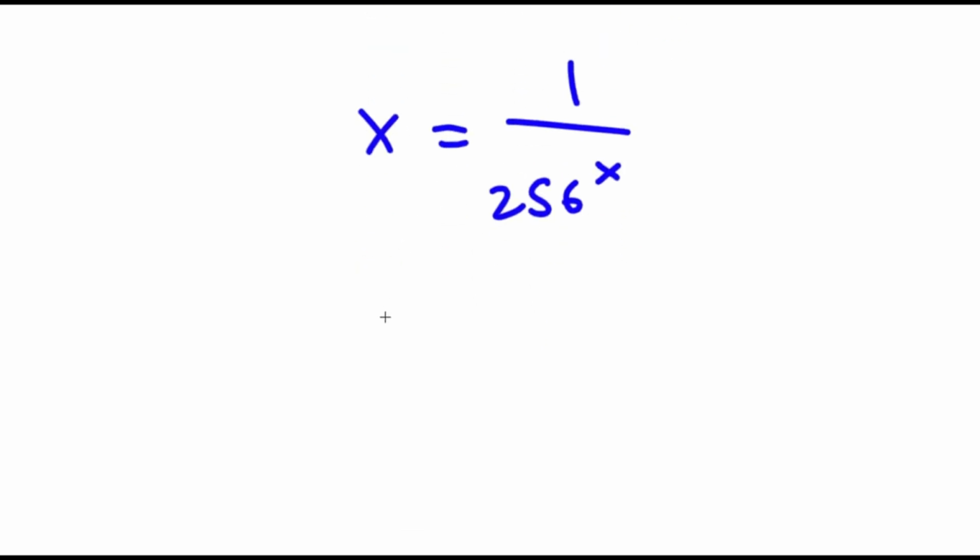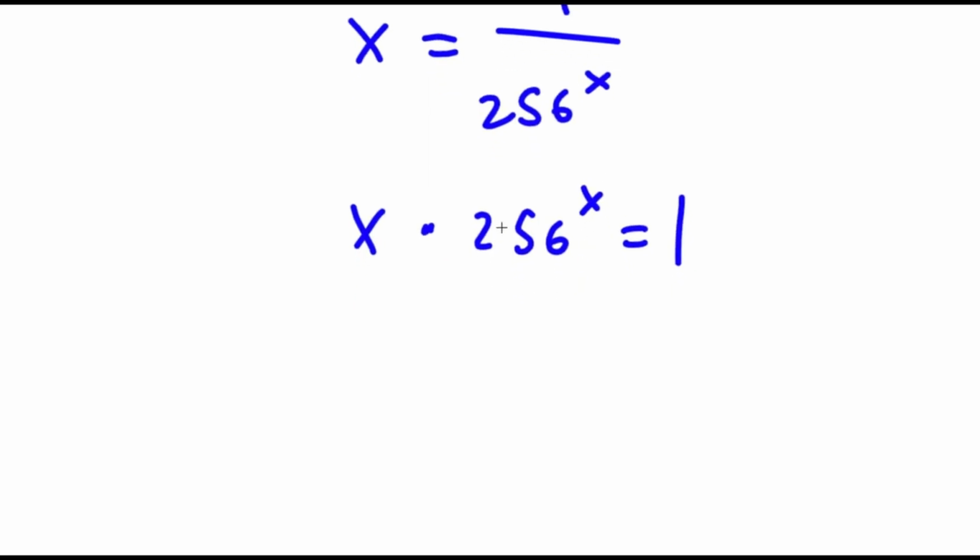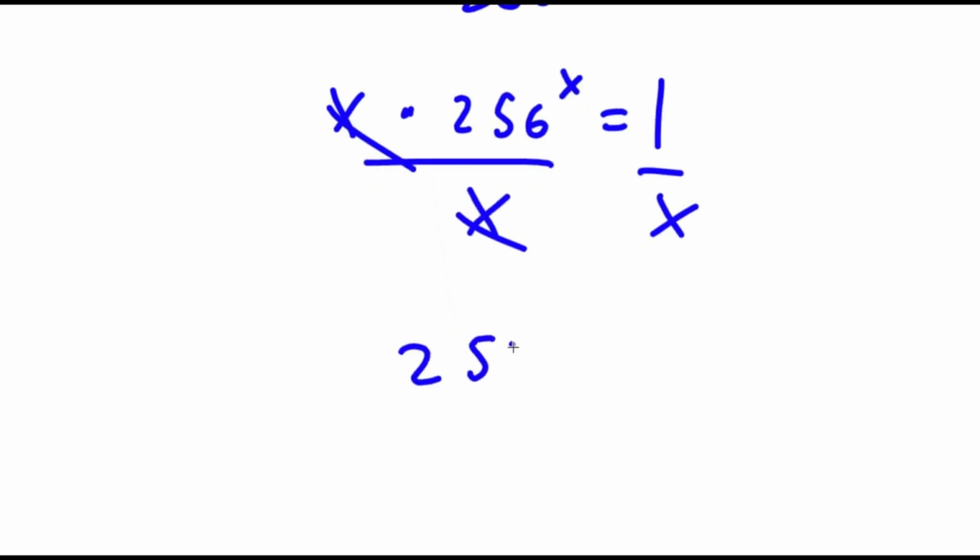So now I can multiply x with 256 to the power of x, and this is equal to 1. Now I'm going to divide both sides by x. So now I have 256 to the power of x is equal to 1 over x.